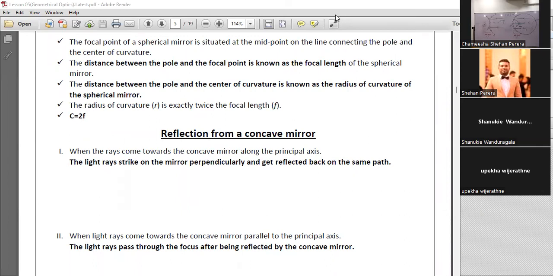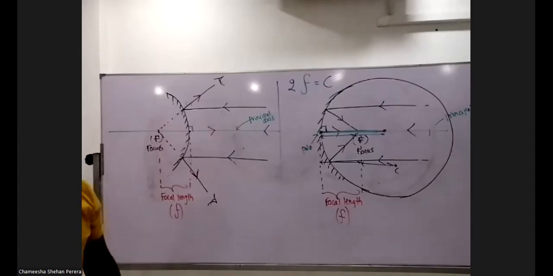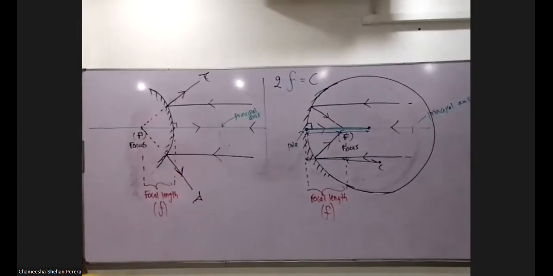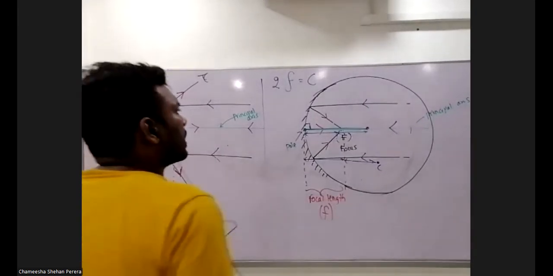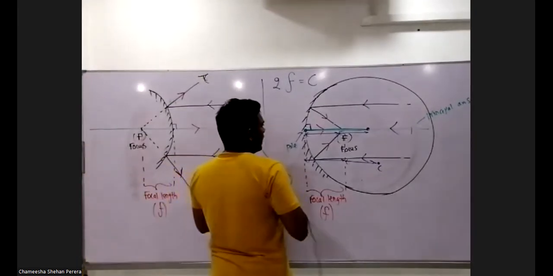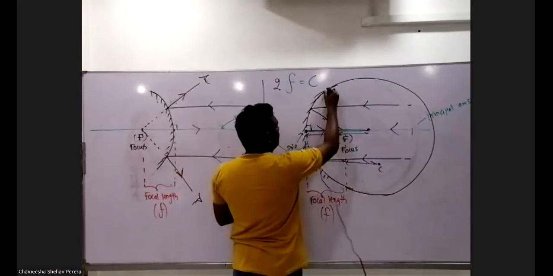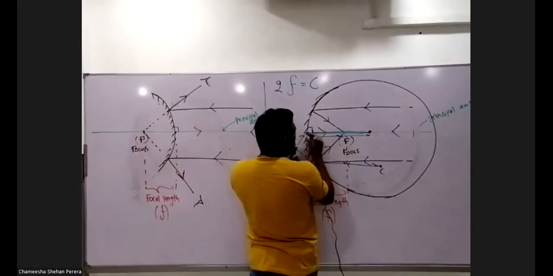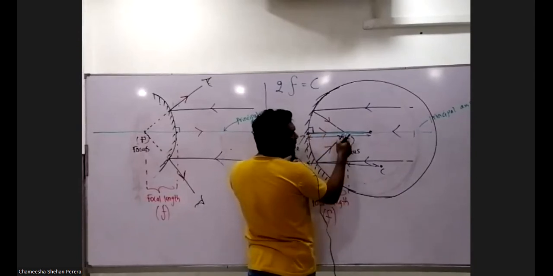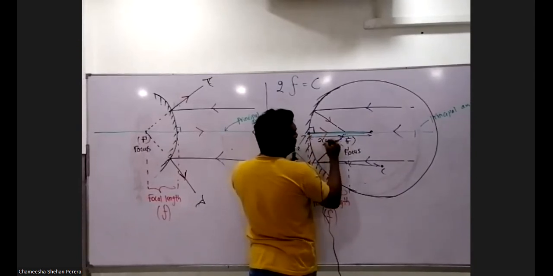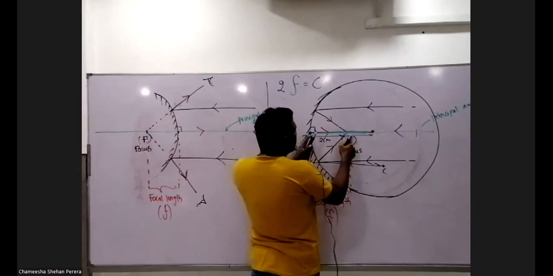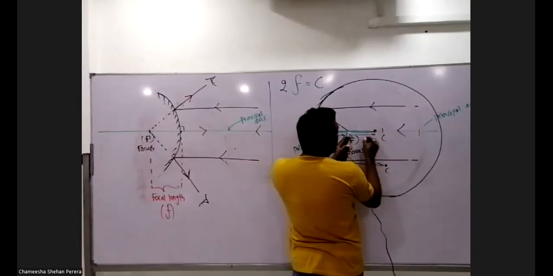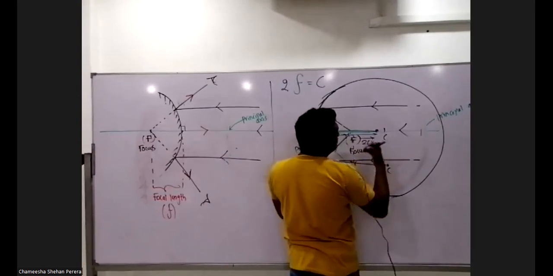Okay, so what you have to understand here is a very important thing. It's extremely important when you're doing ray diagrams. If from the curved mirror surface to the focal point you have 2 centimeters, the distance from the focal point to the center of curvature, point C, would also be 2 centimeters.